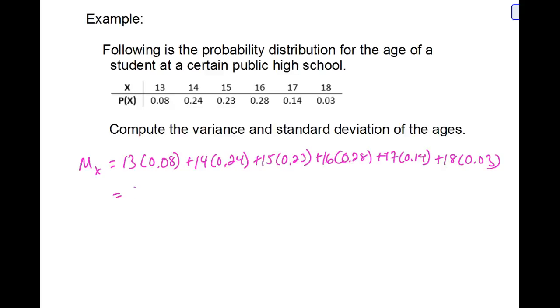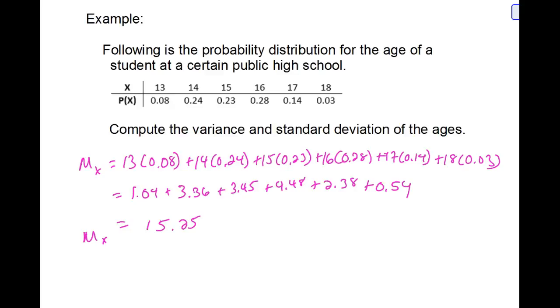So we get 1.04 plus 3.36 plus 3.45 plus 4.48 plus 2.38 plus 0.54. We add those up and we get that the mean age in this particular high school is 15.25.